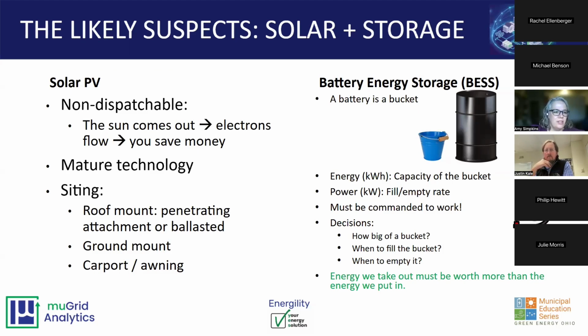We already talked about the non-dispatchability of solar, that electrons flow when the sun comes out. As Michael said at the beginning of this presentation, solar is a mature technology. Again, it's been around for years and years in all sorts of use cases, from spacecraft down to Justin's high school calculator that he has on him. There you go.